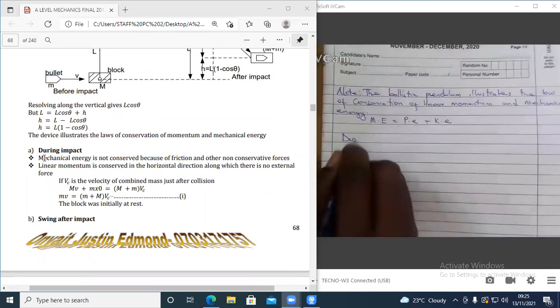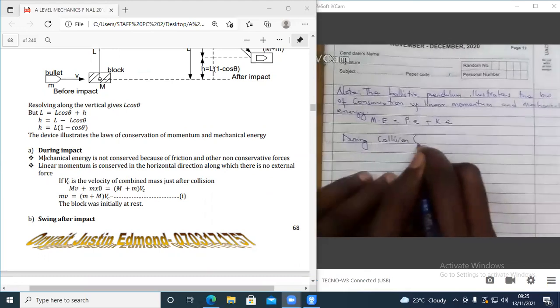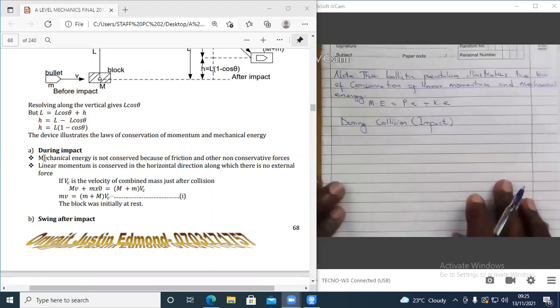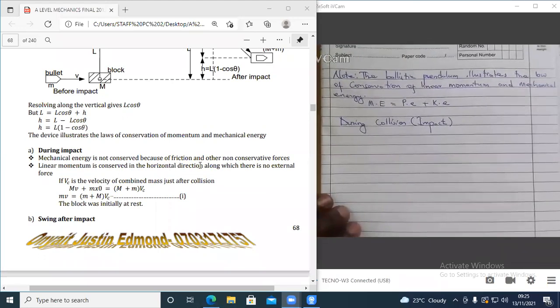During collision, mechanical energy is not conserved because of friction and other non-conservative forces. But linear momentum is always conserved for any type of collision.